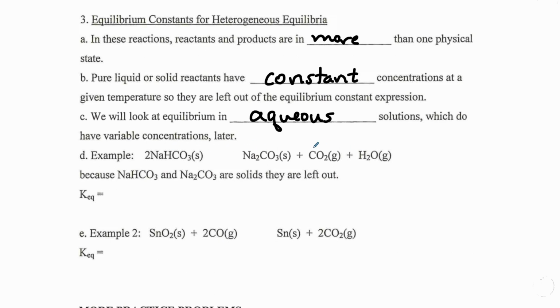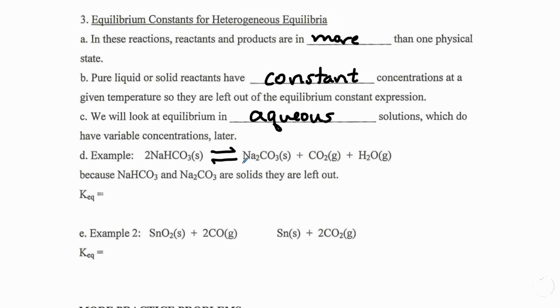So let's look at this one here. Again, I'll add my arrow. You can see our reactant is solid. We have a solid product and then 2 gas products. So we're not going to include this reactant or this product because their concentrations are constant. They don't need to be included.